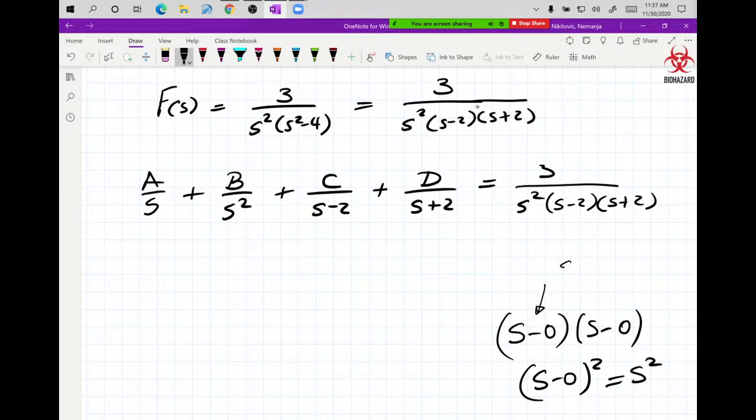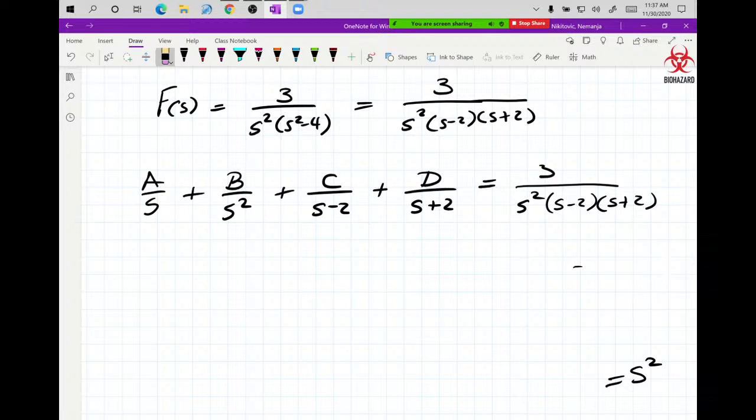That s minus 0 is s minus a, in the family of x minus c terms, which is linear in your setup for partial fraction decomposition. So please make sure that you are not making that mistake. That's a Calc 2 facepalm if you make a mistake on that setup. It has nothing to do with you not knowing differential equations. It's just you not knowing fundamental Calc 2 stuff. So be careful about those things.